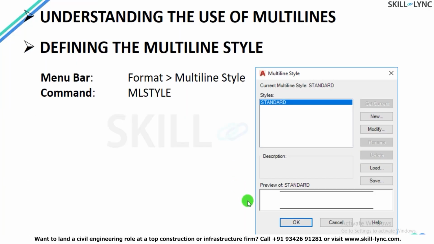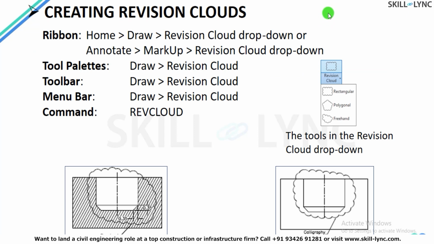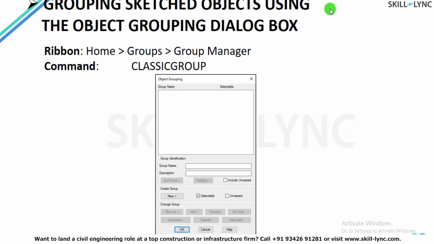Multi-line is basically a style by which we create more than one line. With the line command we only create a single line, but multi-line is like pipelines or walls. If you want to do utilities, multi-lines are preferred. So let's see what multi-lines are. Then we will be going with grouping and polyline. So we'll finish all these topics.